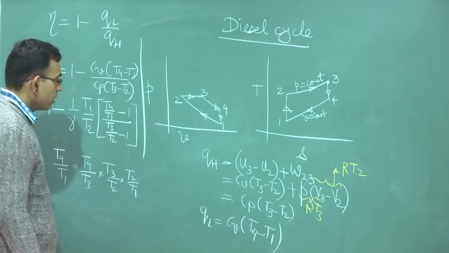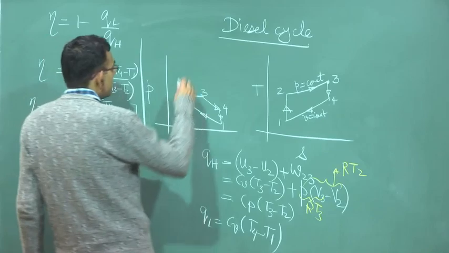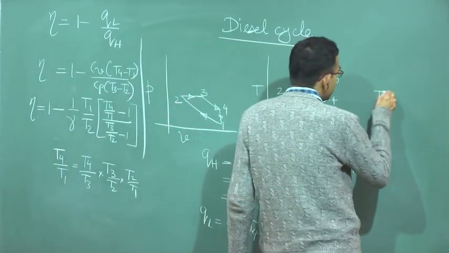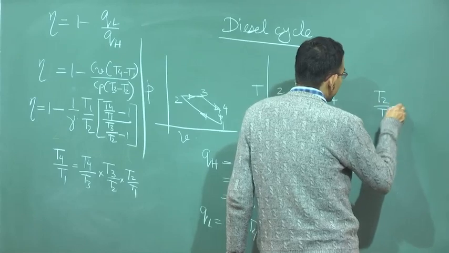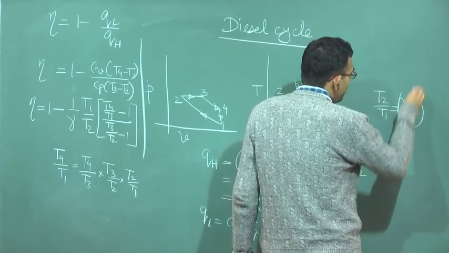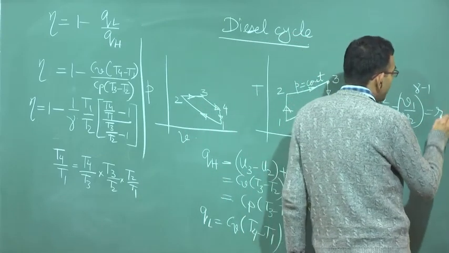Now what is T2 by T1? It is V1 by V2 to the power gamma minus 1. So that is R to the power gamma minus 1.